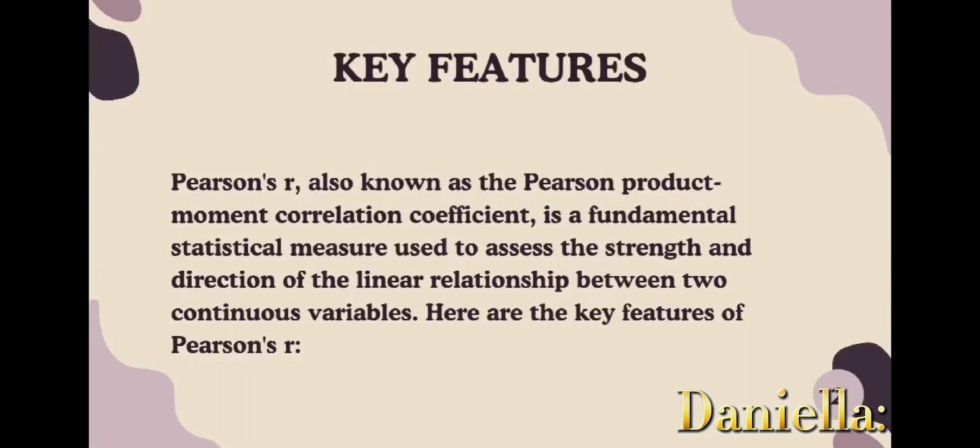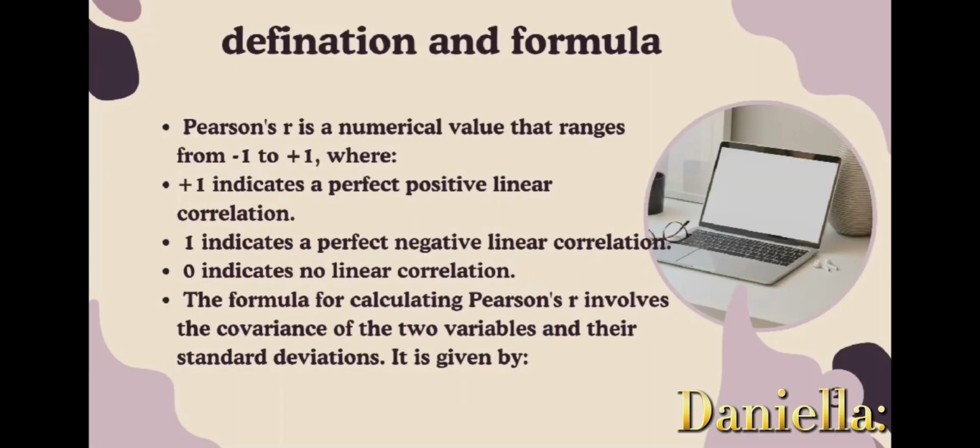Pearson's R, also known as the Pearson product moment correlation coefficient, is a fundamental statistical measure used to assess the strength and direction of the linear relationship between two continuous variables. Here are the key features of Pearson's R. The definition and formula.